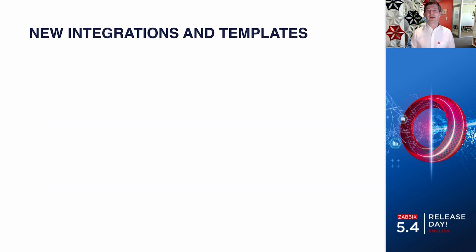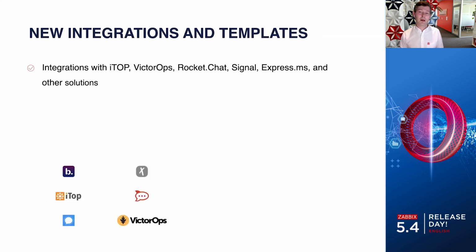Remember that with any new Zabbix major version, we have new integrations and templates. And again, 5.4 is not an exception. It comes with a set of new integrations with iTop solution, VictorOps, Rocket Chat, Signal, ExpressMS, and some others.